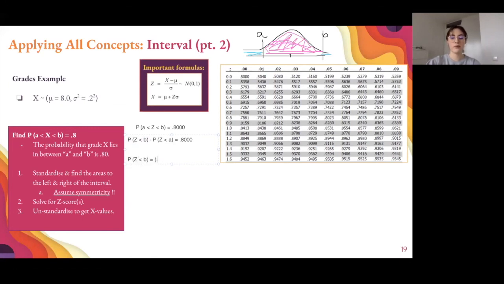And that is equal to, remember, the area of the interval plus the leftover area on one side. So we know that the probability that Z is less than B is equal to 0.9.